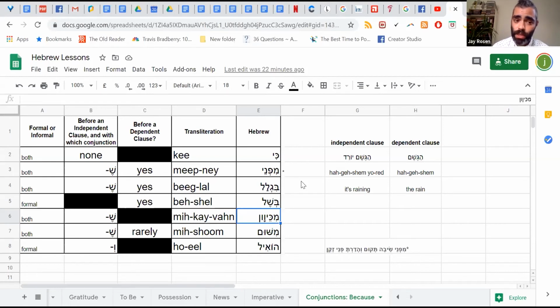Ho'il ve, as you see here, is followed by an independent clause, and it's usually ve. So remember, if you look at the beginning of an apartment contract, it's got anywhere from a few to several ho'il ve clauses. Whereas the renter agrees to blah, blah, blah, blah, right? Whereas, just like in any legal contract you've ever had to sign, ho'il is basically whereas.